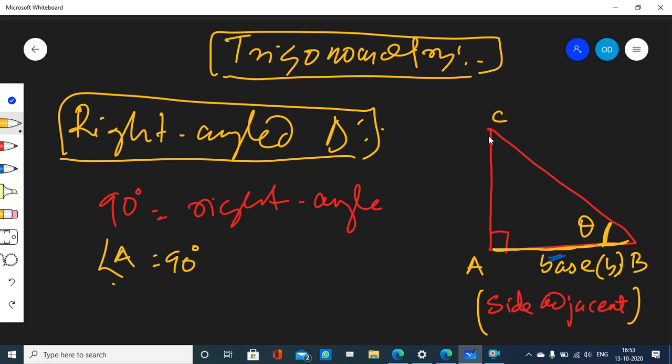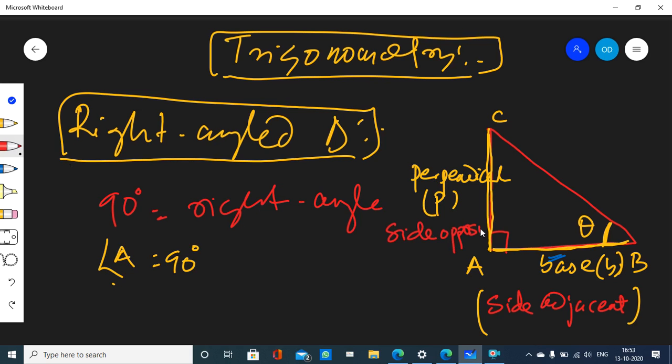Remember, this side AC is called perpendicular. Its length is denoted by small p, and sometimes it is also called side opposite.